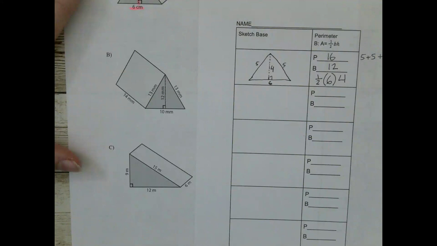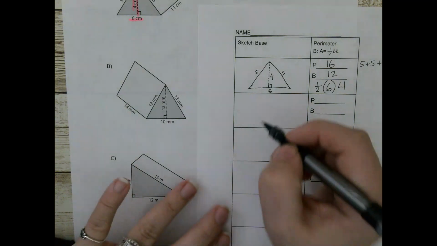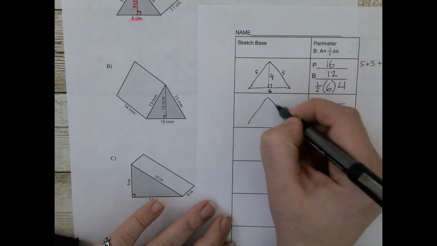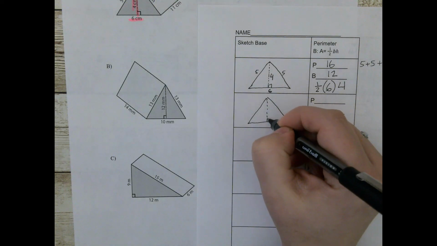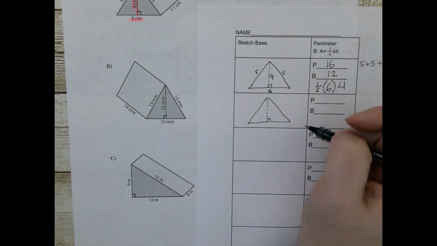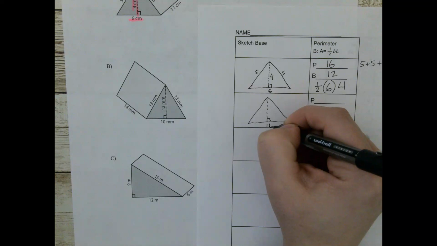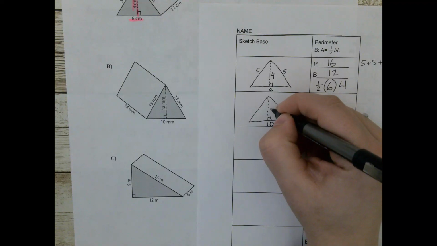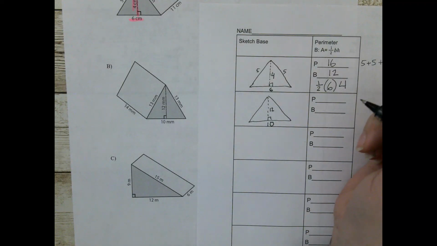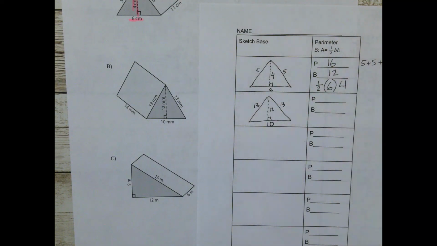Okay, letter B. We're going to do the same thing here. Sketch it. Okay, so the bottom is 10, right? The middle is 12, 13, 13.